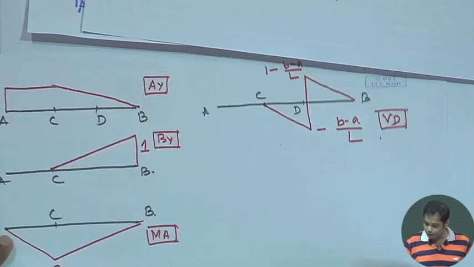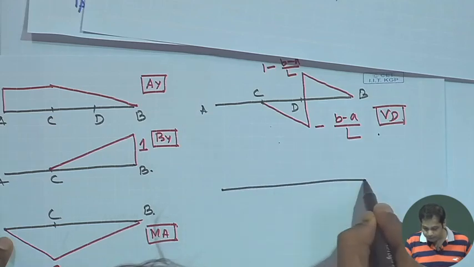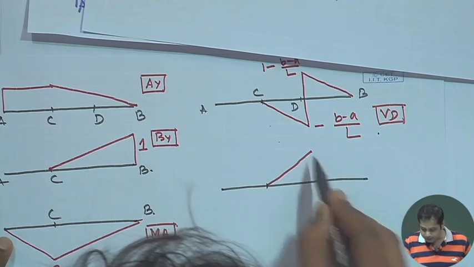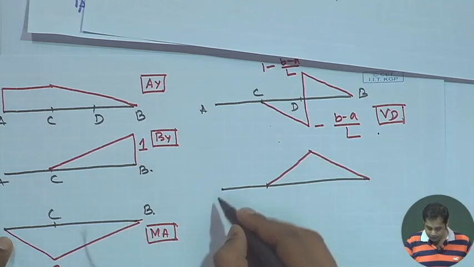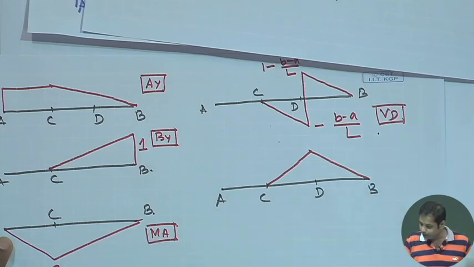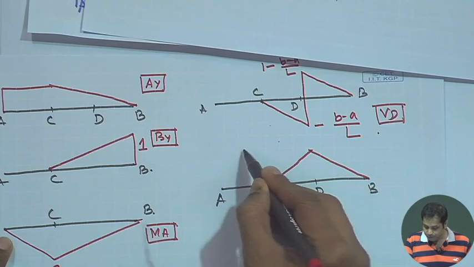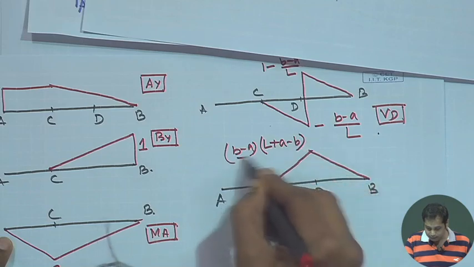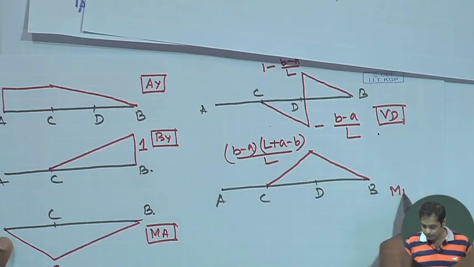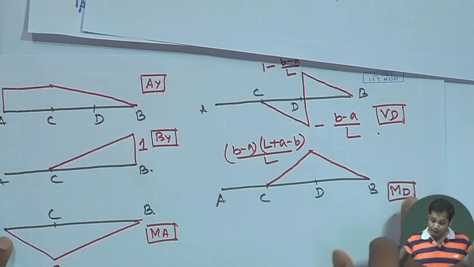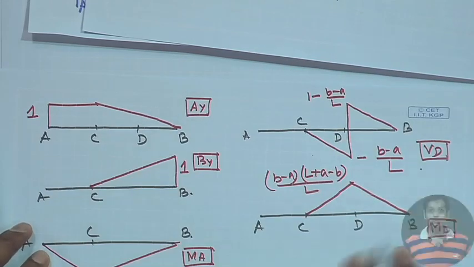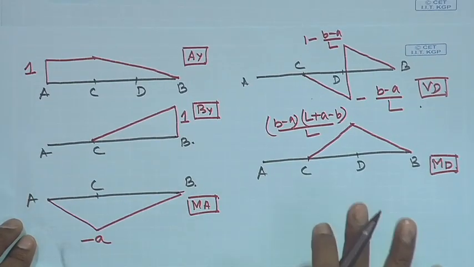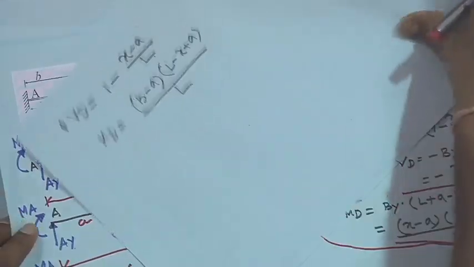Now, similarly, if you draw the bending moment diagram, between A and C it is 0, as we just checked, and then it becomes this value, and this is A, C, D and B. This value is (B minus A) into (L plus A minus B) by L. This is the influence line for bending moment at D. So, these are the influence lines for support reactions and bending moment at D for this problem.